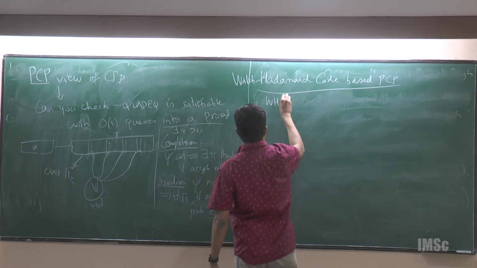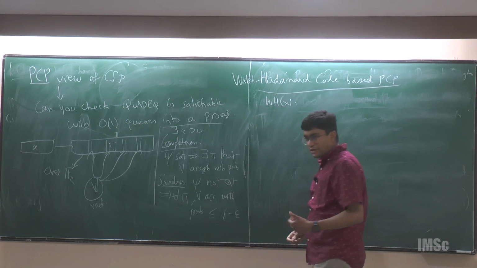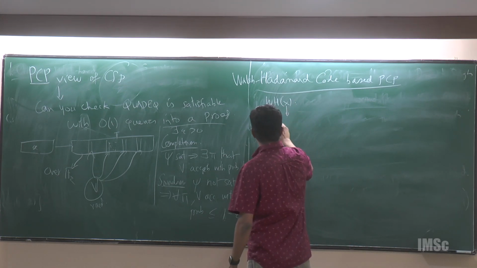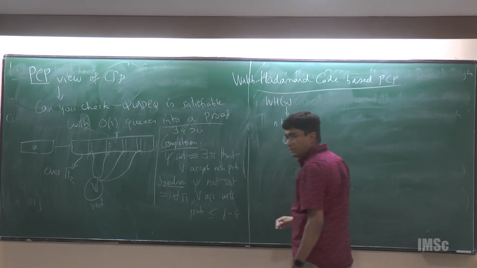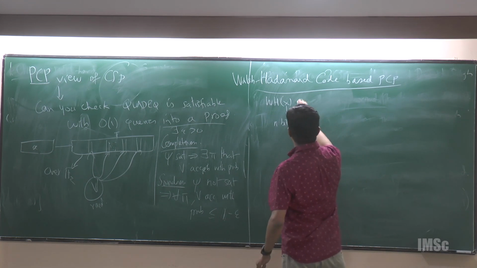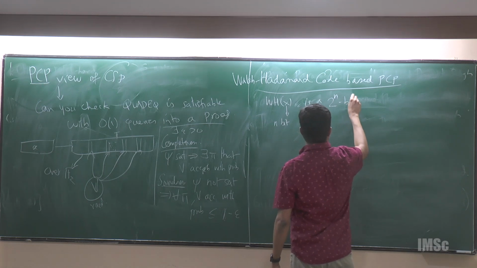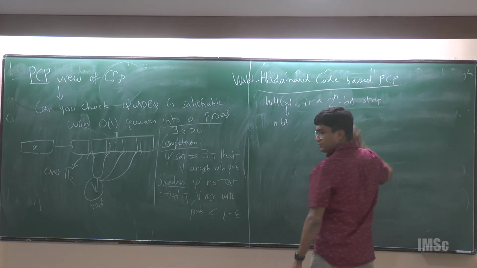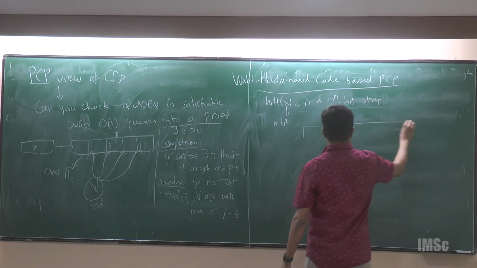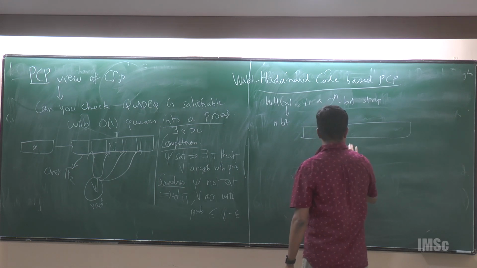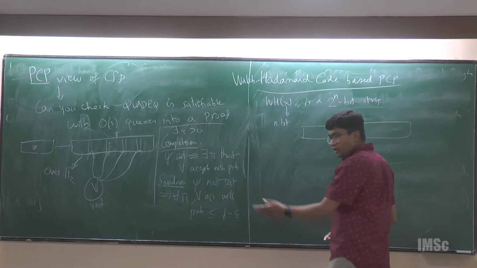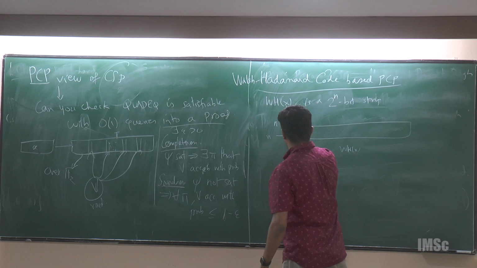So it's WH of x. So what is WH of x? If x is an n-bit string, WH of x is going to be a 2 to the n-bit string. It's a long string, much longer. From n bits, you have gone to 2 to the n bits.